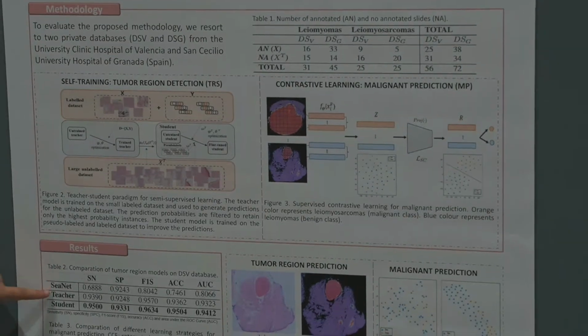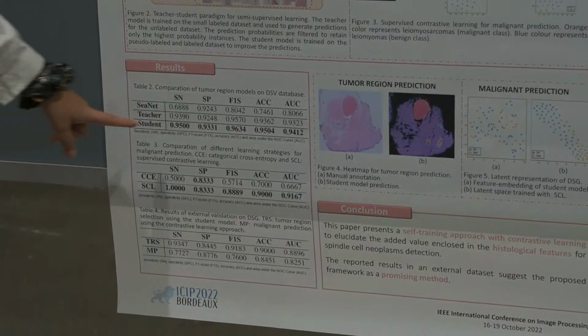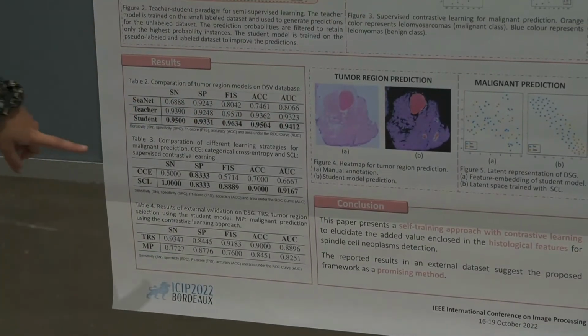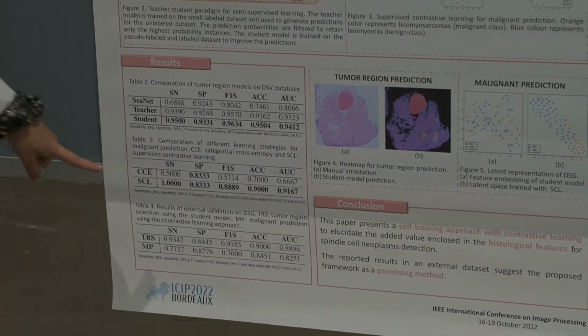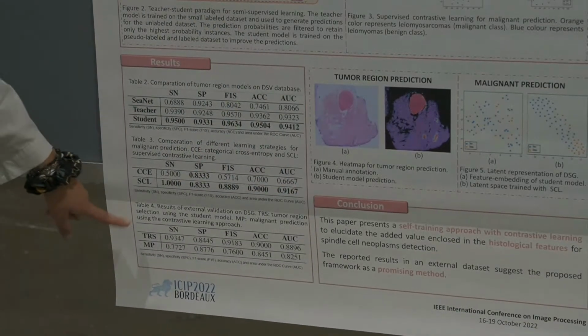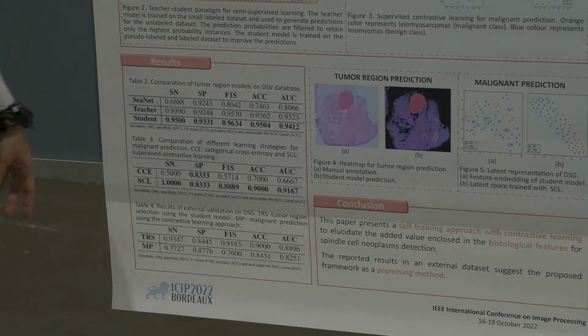We have this result for the first step, the teacher and the student, and we can see that all the metrics improve with the student paradigm. After, we use cross-entropy and the proposed loss function, and we can say that the results are better with the proposed method. And this is the result from another database that we used to test our methodology.